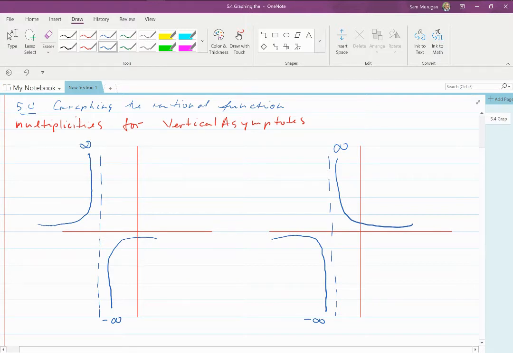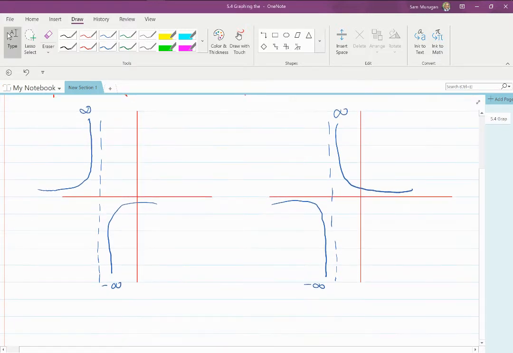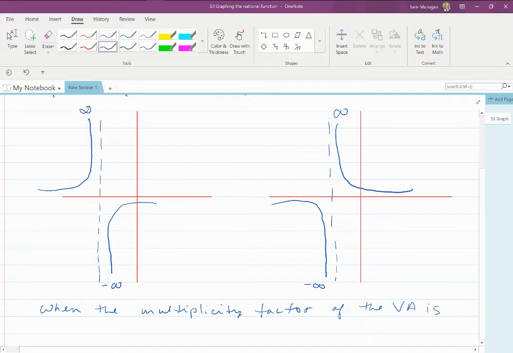This is the case when the multiplicity factor of the vertical asymptote is odd.